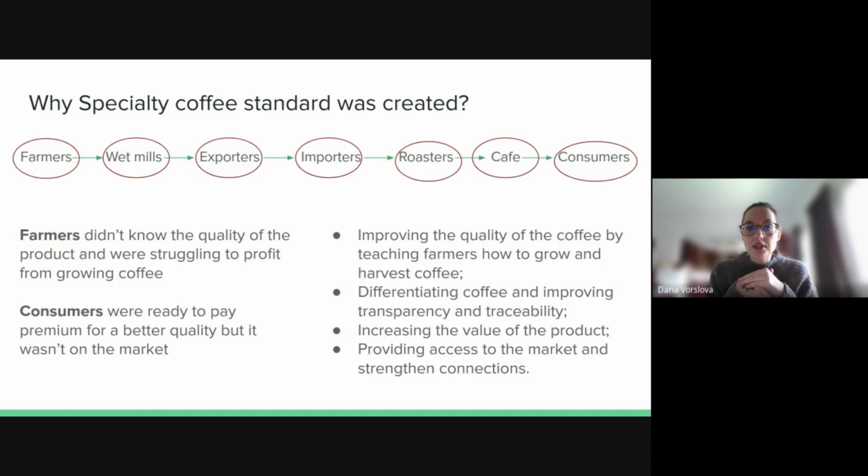And another huge job they did: they taught and they're teaching a lot of people how to use the standards, how to define the standard, how to differentiate commercial coffee and specialty coffee, right? I'm talking about Q graders. After you become a Q grader, you're qualified and authorized to say, okay, this coffee is a specialty coffee and this coffee is not.